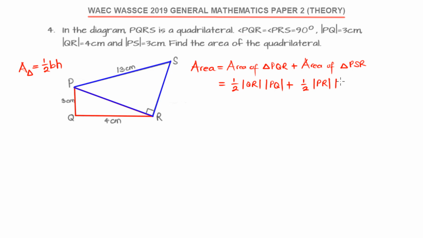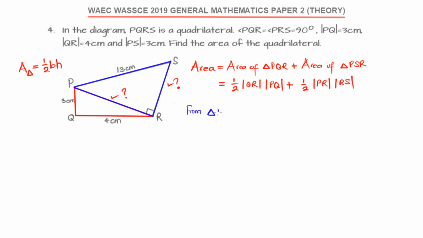The height will be RS. Okay, so we have the base PR and the height RS, but we don't know the base and we don't know the height. So the first thing we need to solve for is to look for the base, the line PR, and the height, the line RS. Now, how do we go about that?